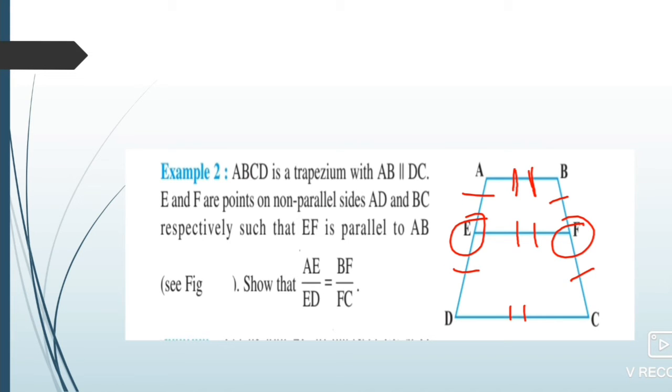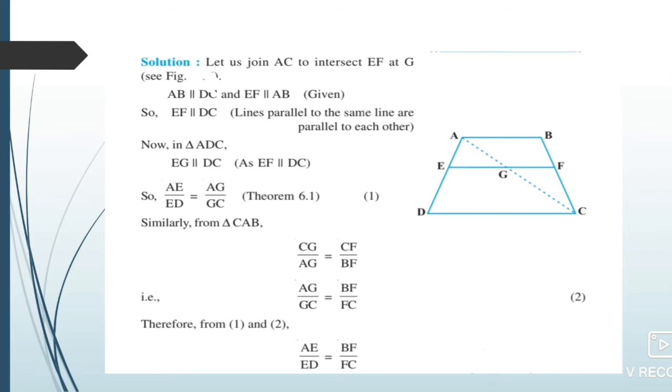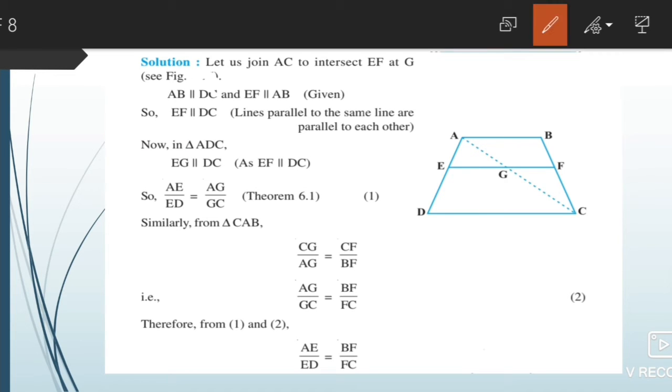So let's check the solution of this example. Here you have to do a construction. What you have to do? You have to join A and C. After joining AC, you can see you are getting two triangles. One triangle is ADC. So first of all, let us discuss triangle ADC.